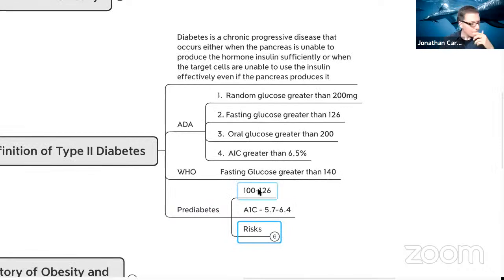Pre-diabetes has been defined as a fasting blood sugar of 100 to 126, hemoglobin A1C of 5.7 to 6.4. So here we have A1C of 6.5 and greater, and then 100 to 126, and then 126 and above.